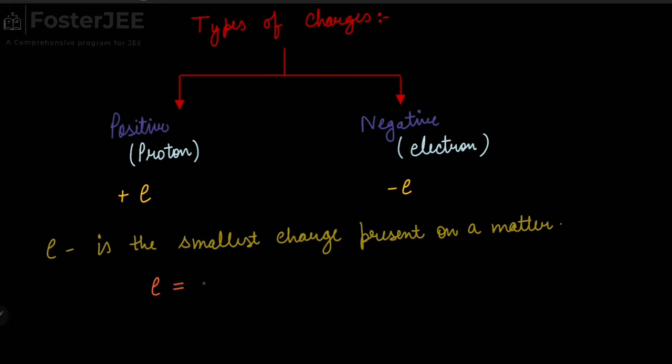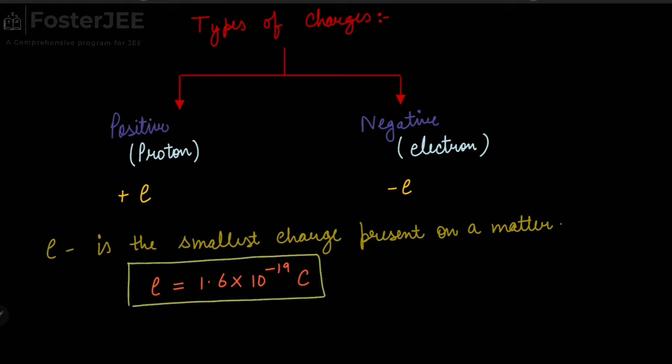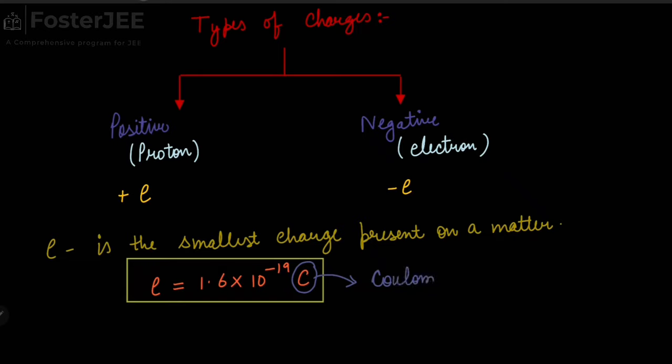The value of e is 1.6 into 10 to the power of minus 19 Coulomb. This means this magnitude of charge is present over electron and proton. Now, what is this C? C is called Coulomb, which is the SI unit of charge.